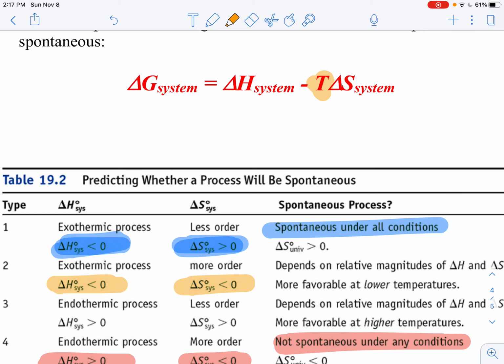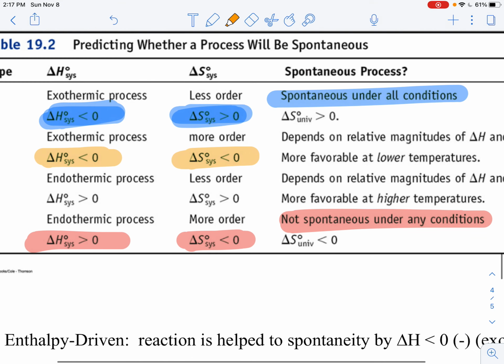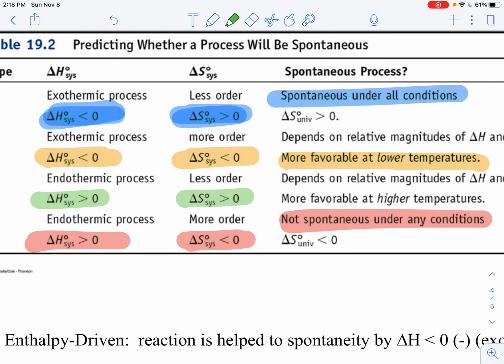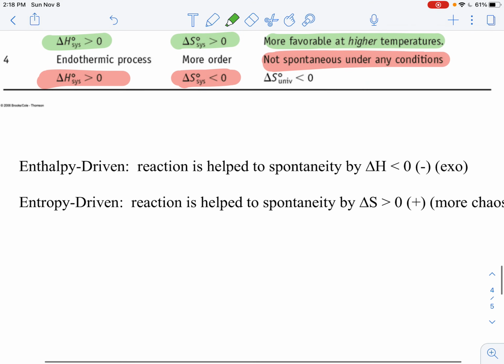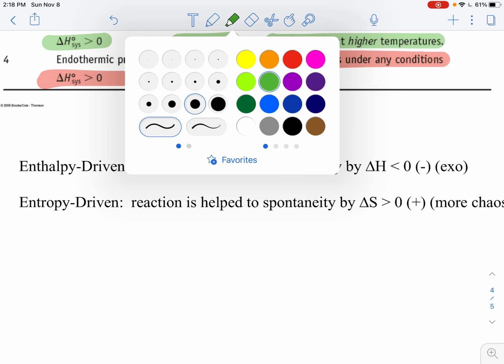Now, what we've got is a situation where the temperature is going to be the tiebreaker. If the temperature is going to be the tiebreaker, then it depends on what the temperature is. And in this particular case, it's going to be more favorable at low temperatures, whereas if we were to reverse it and make it an endothermic process and have it be more chaotic, it's going to be more favorable at high temperatures here.